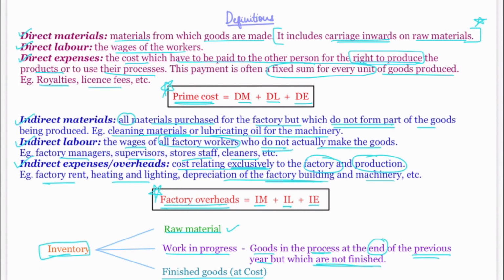The key word is which are not finished, i.e., semi-finished goods. And finished goods, mind, whenever you are entering the amount for the finished goods, it has to be at cost.